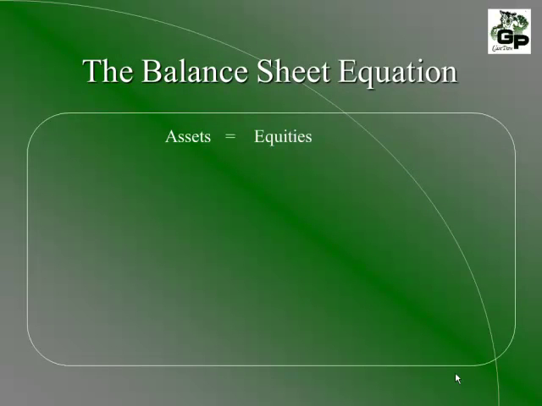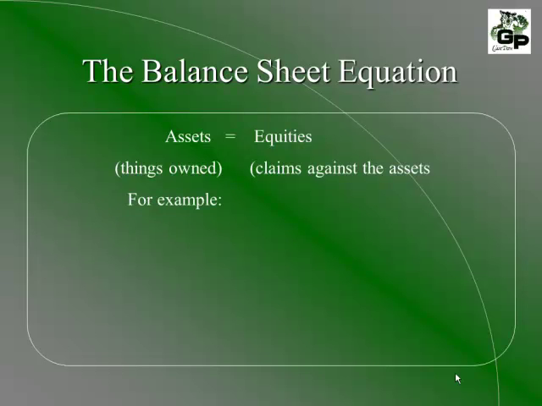Let's take a look at some calculations using this equation and see if we can get some practice in determining what is missing. Remember, assets are things owned, and equities are claims against the assets. Here's an example. 10,000 equals 10,000.